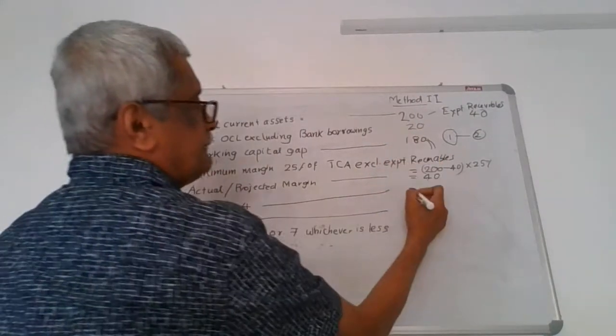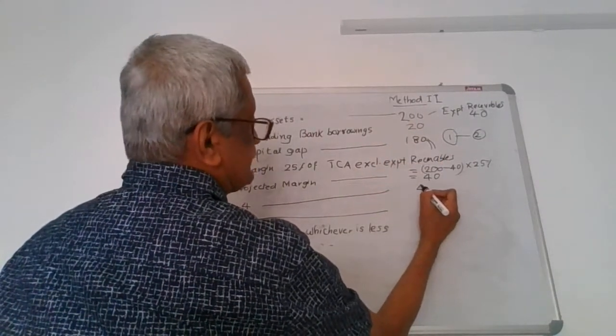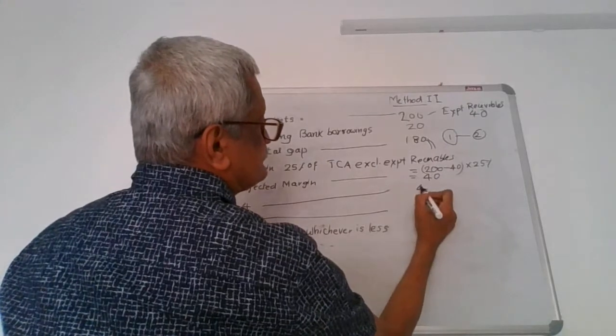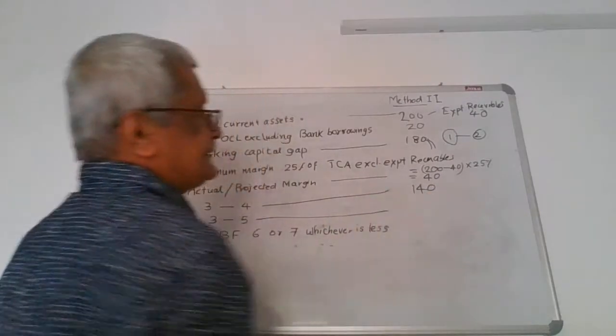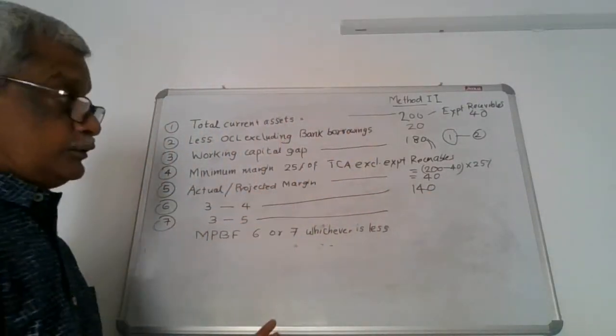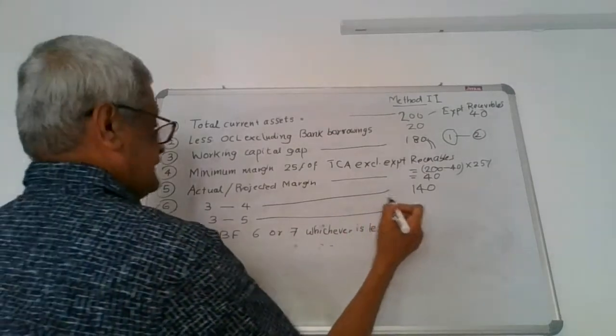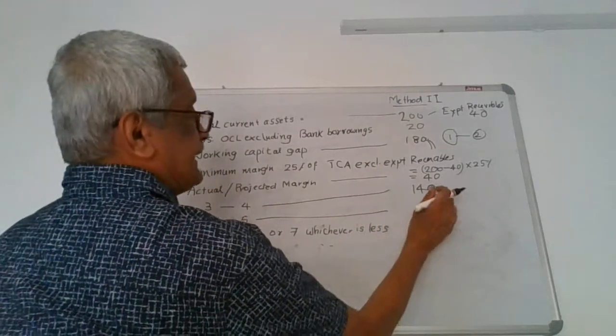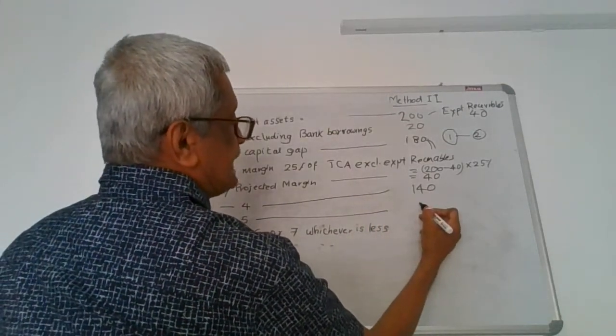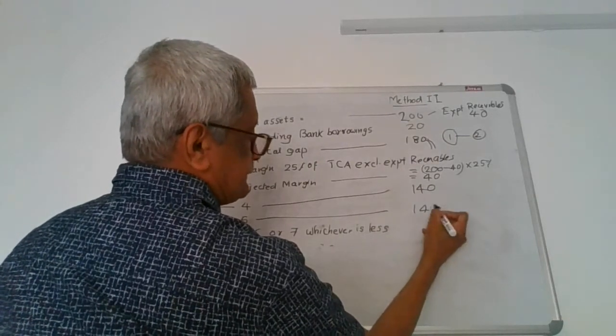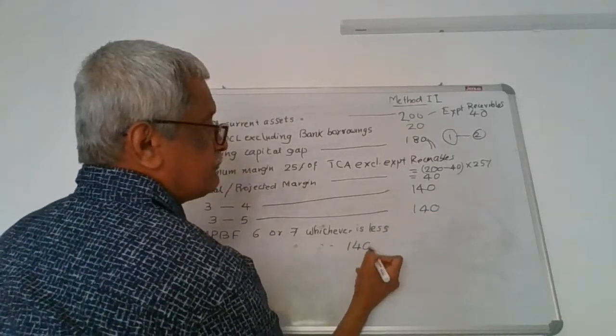So 180 minus 40 is 140. Suppose the customer is not bringing anything more than that, he will continue to get 140. So the MBBF will be 140.